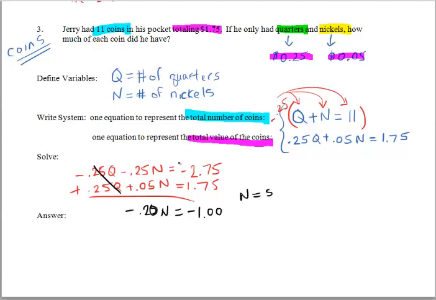Well, if I have 5 nickels and I have 11 coins total, the number of quarters that I'm going to have is 6. Final answer, he has 5 nickels and 6 quarters.